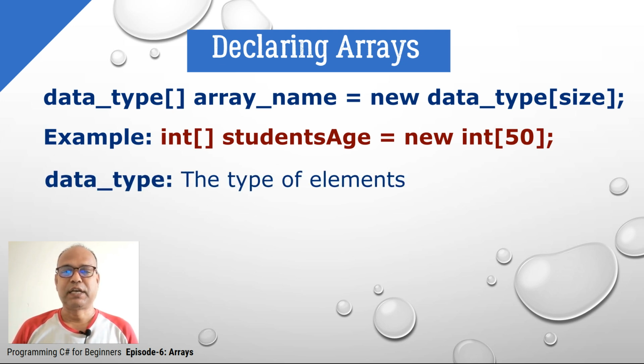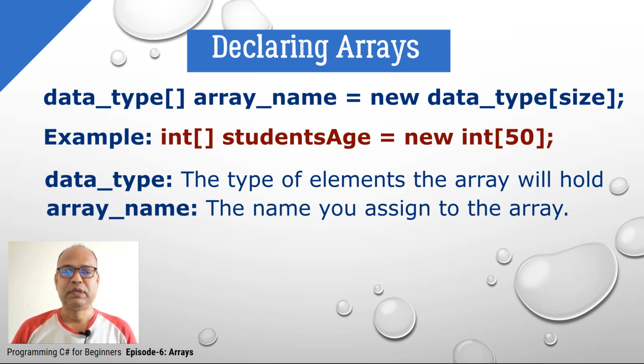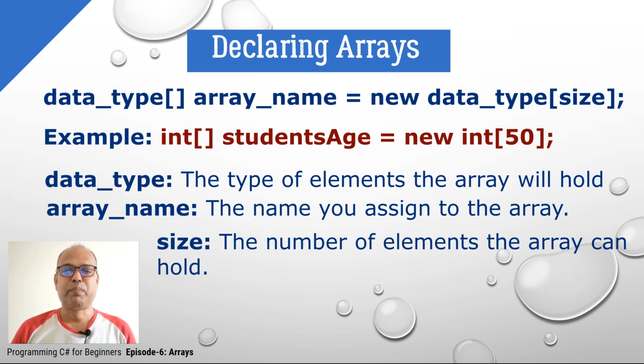Data type: the data type of elements the array will hold, for example integer, string, double. Array name: the name you assign to the array. Size: the number of elements the array can hold.